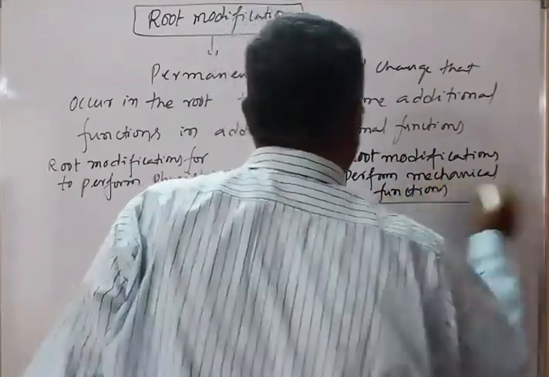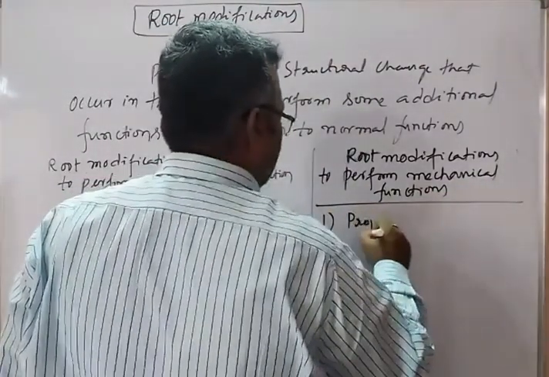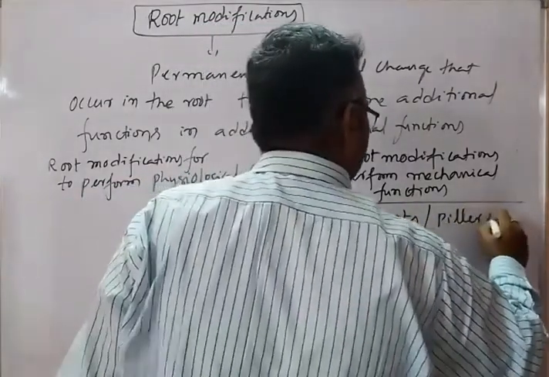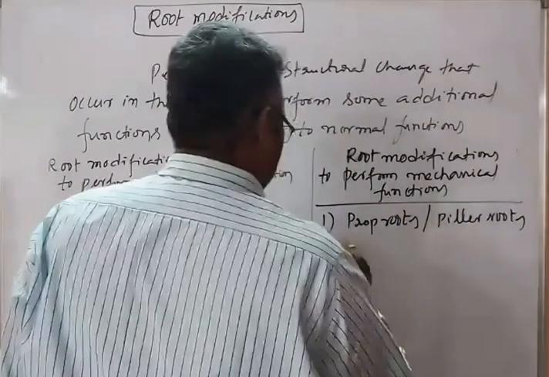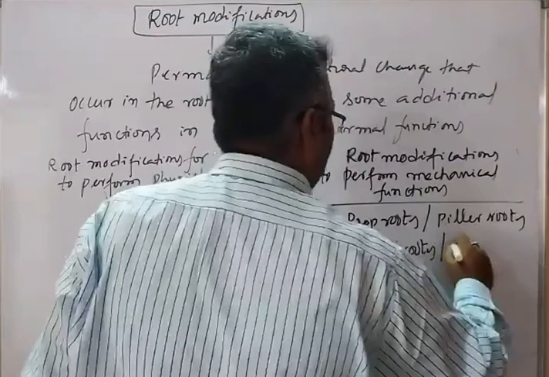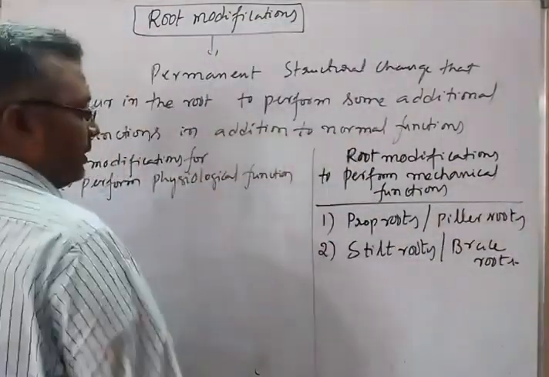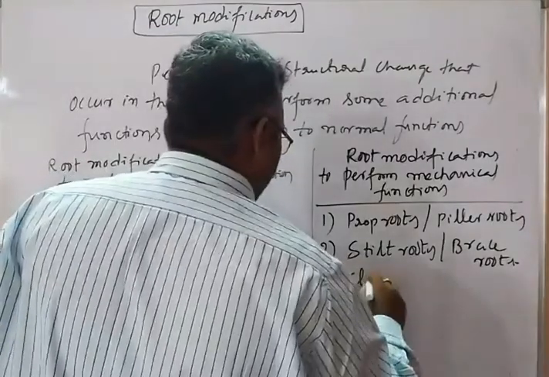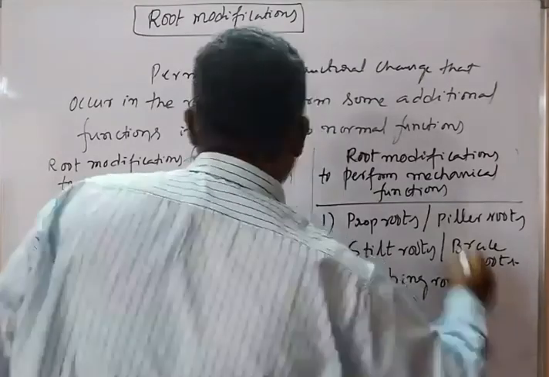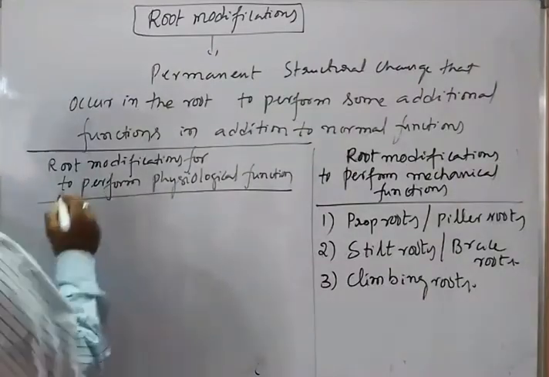Under mechanical functions, we have two examples: prop roots or pillar roots, and stilt roots or brace roots. There is also another one called climbing roots. We'll discuss that later.